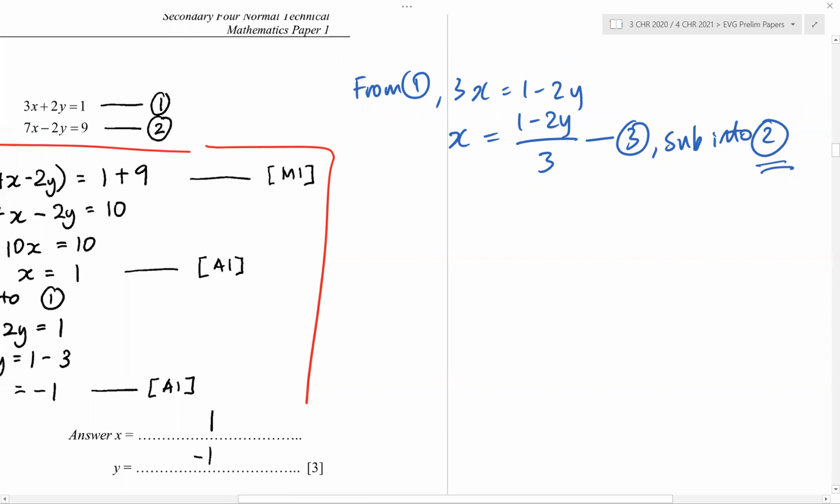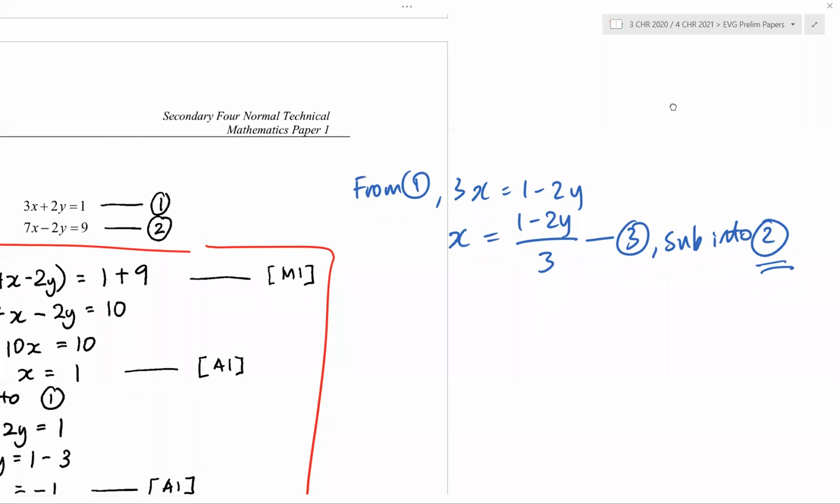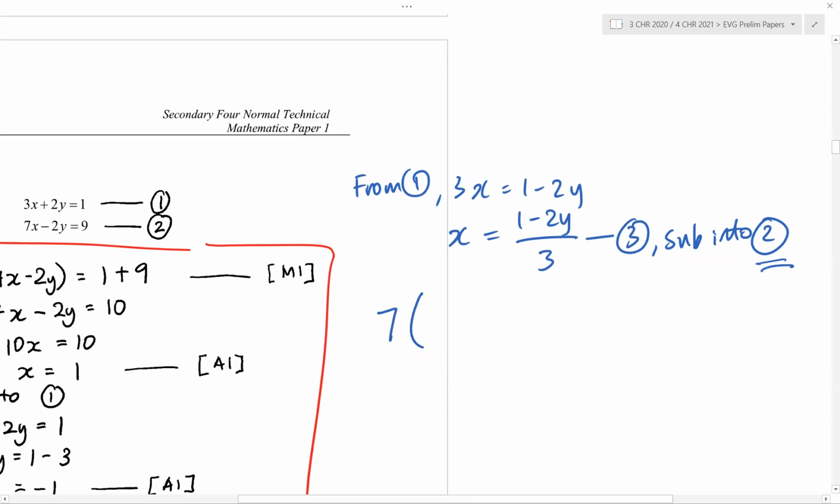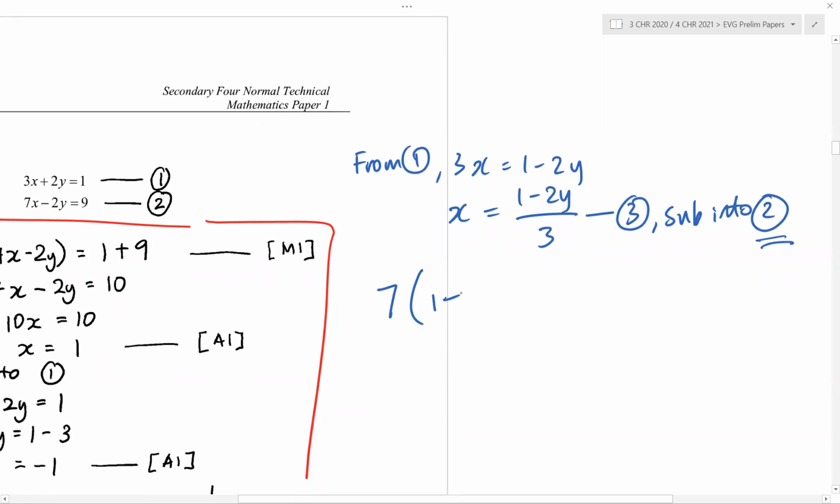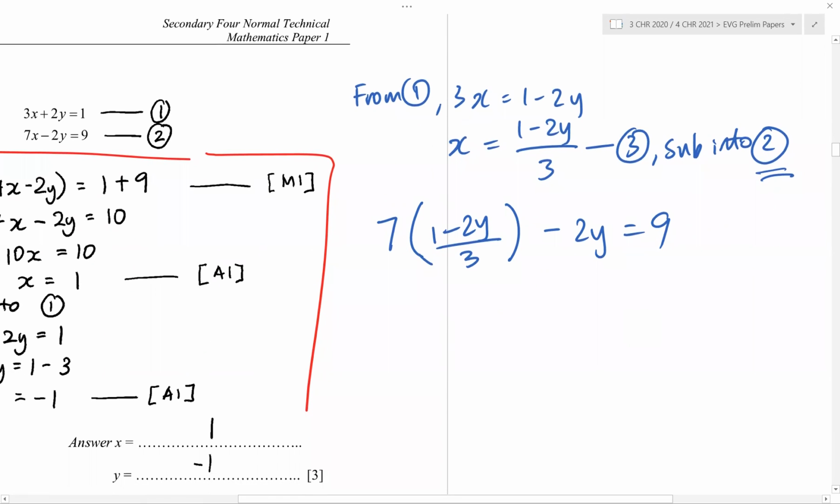So sub into 2. Every time you see the x, you change it to 1 minus 2y over 3. So 7x becomes 7 times 1 minus 2y over 3, and 7x minus 2y equals 9. This is your substitution. Let's carry on. 7(1 minus 2y) over 3 minus 2y over 1 equals 9 over 1.